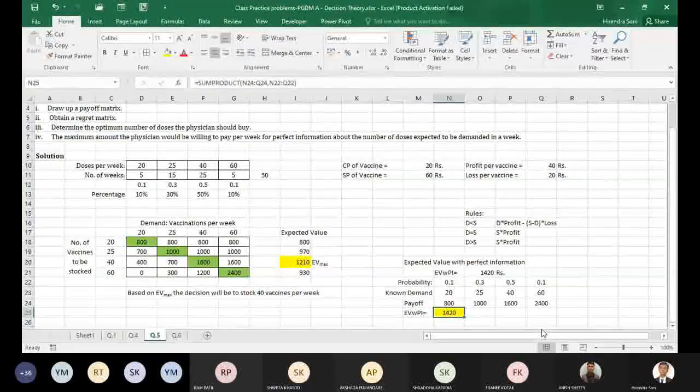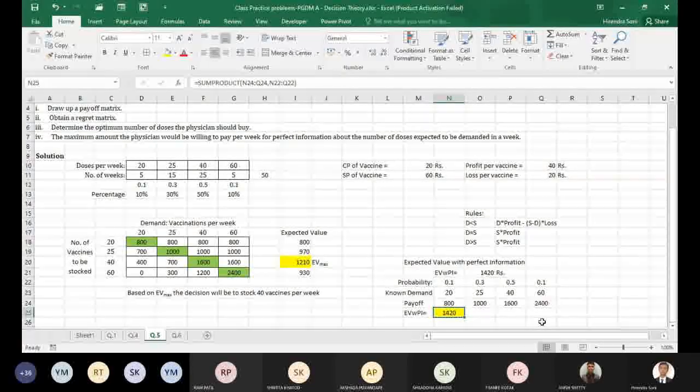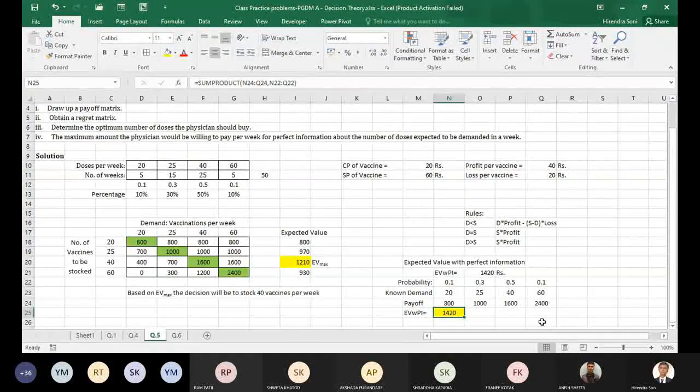Yes, sir. Now if there is somebody who is ready to give you perfect information, so how much extra the doctor will be willing to pay for the perfect information?